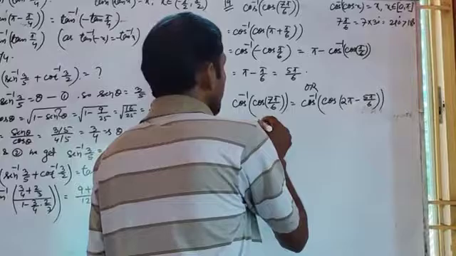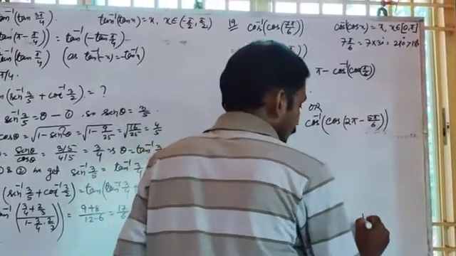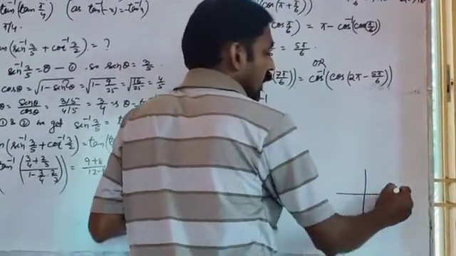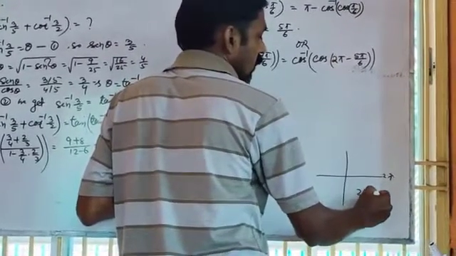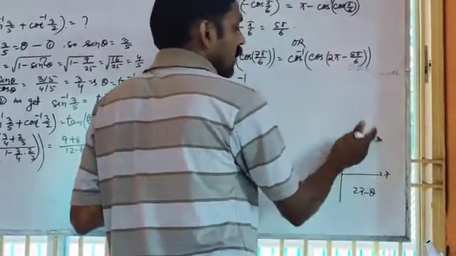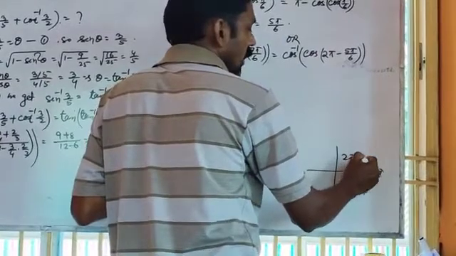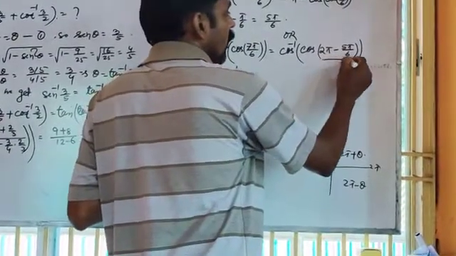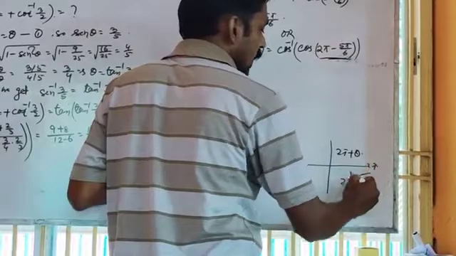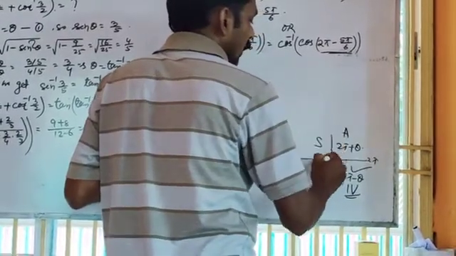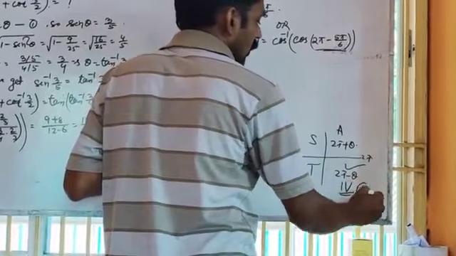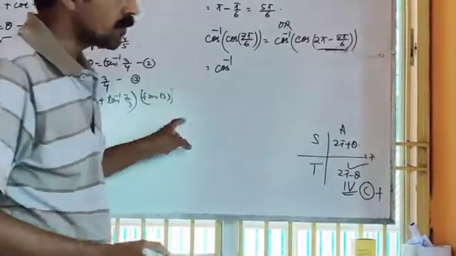Now this is equal to cos inverse. Now in ASTC rule again, it is 2 pi. So this angle is 2 pi minus theta, and this is 2 pi plus theta. But here it is in the form of 2 pi minus theta, which means the fourth quadrant. And in the fourth quadrant, according to ASTC rule, cos is positive.